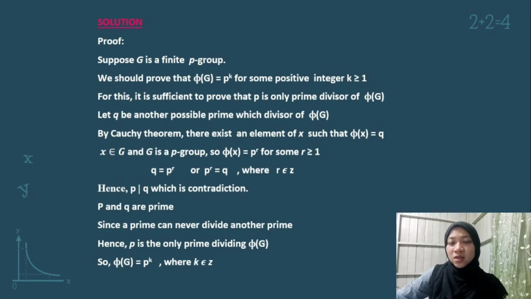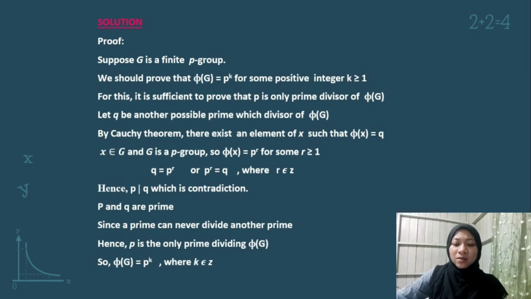For this, it is sufficient to prove that P is the only prime that can divide the order of G. So, by contradiction, let Q be another possible prime that divides the order of G. By the Cauchy theorem, there exists an element X such that the order of X is equal to Q, where X is an element of G and G is a P group.